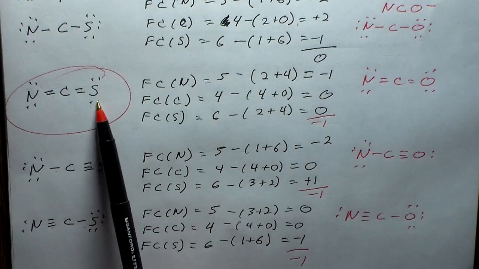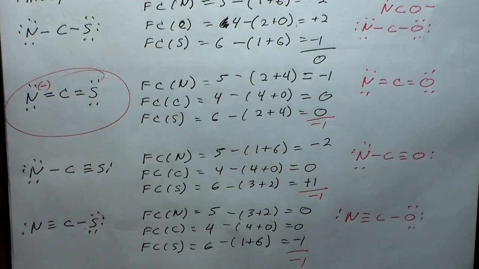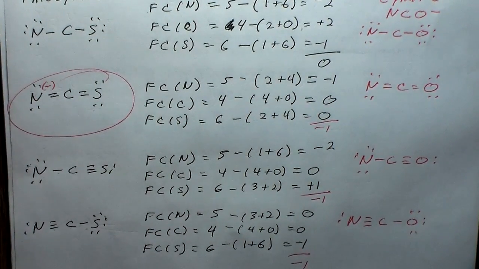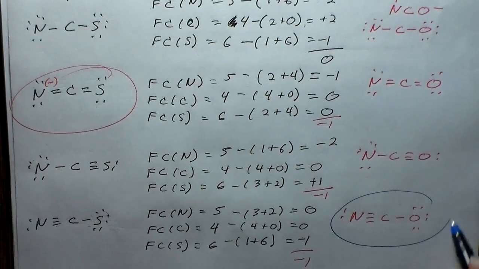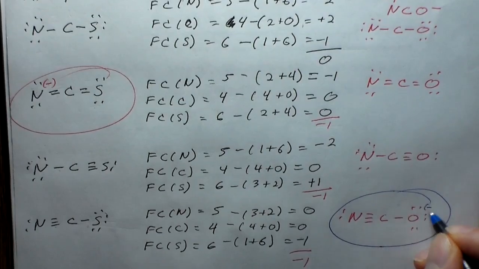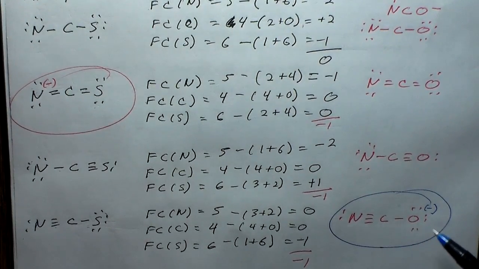Before, this was valid because my nitrogen had a slight negative charge on it. But in this case, we want the oxygen to have the slight negative charge. So that means this structure down here is actually going to be my more valid one. That one has the negative charge on the oxygen, which we want because the oxygen has a higher electronegativity value.